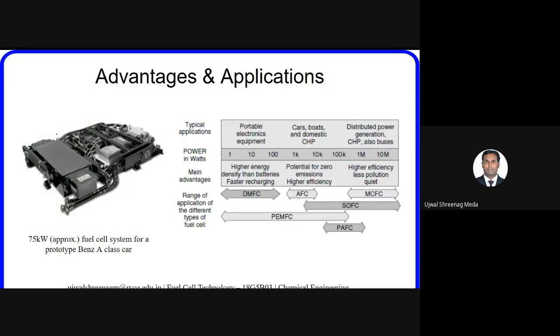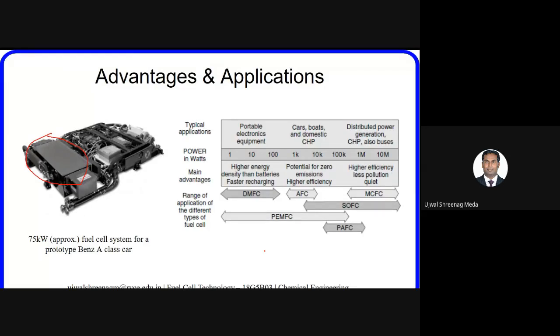Look at the module. PEMFC is used, so a polymer electrolyte membrane fuel cell module is used. It consists of multiple fuel cells stacked together. Look at the size and volume. It's very compact.